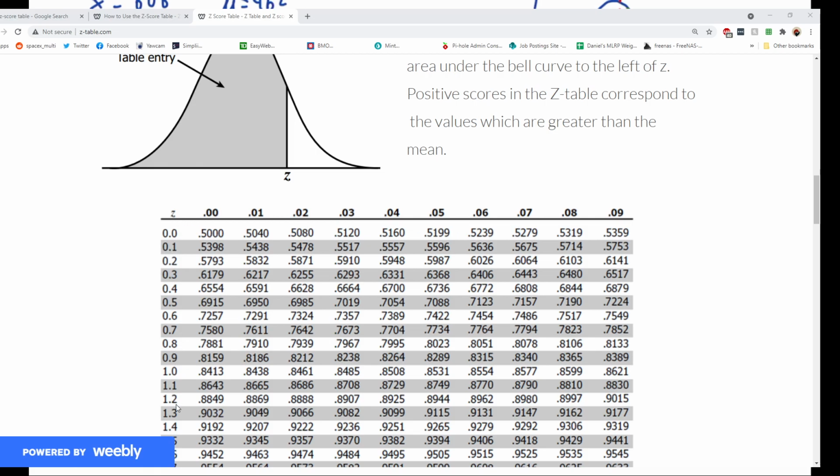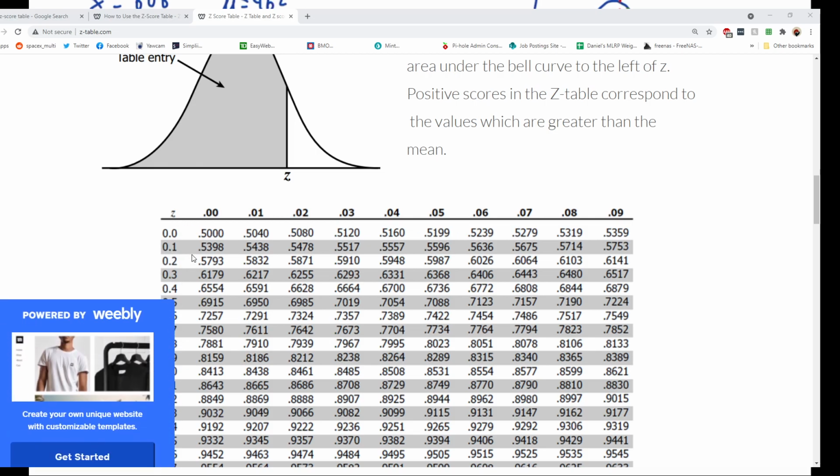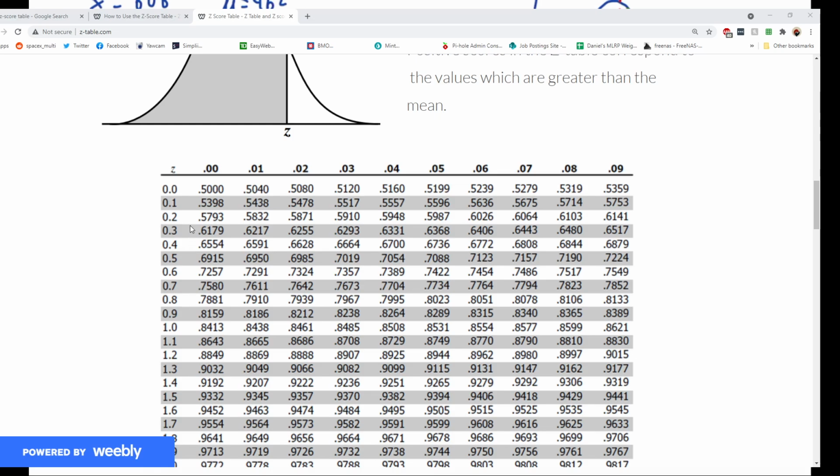The values down the left side go up to the tenth, and we're going to find our hundredth as well. So positive 1.4, 1.46. My value here is going to be 0.9279.